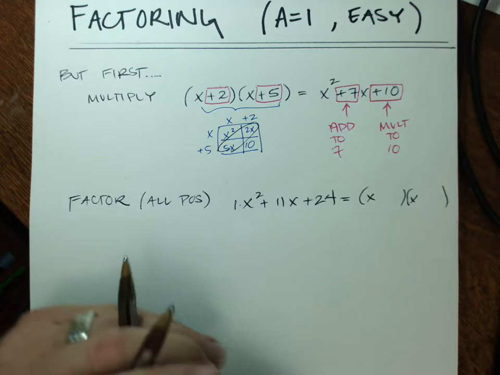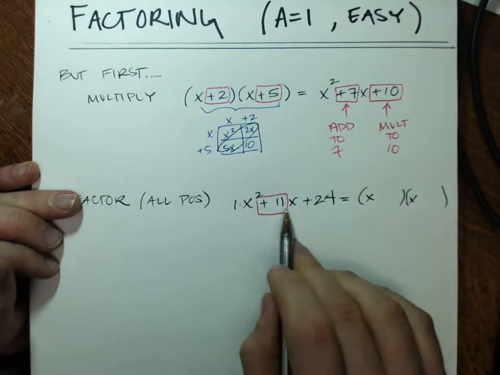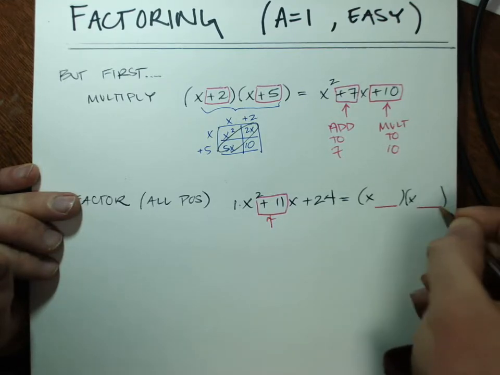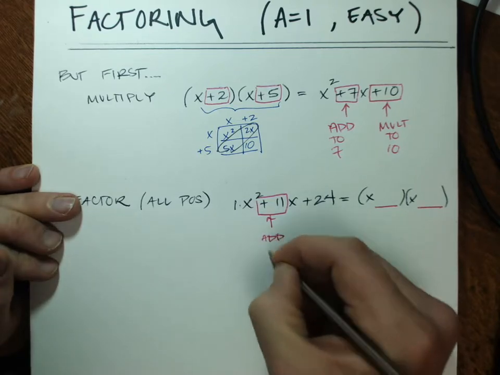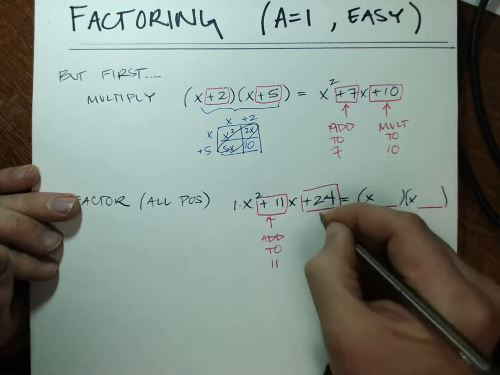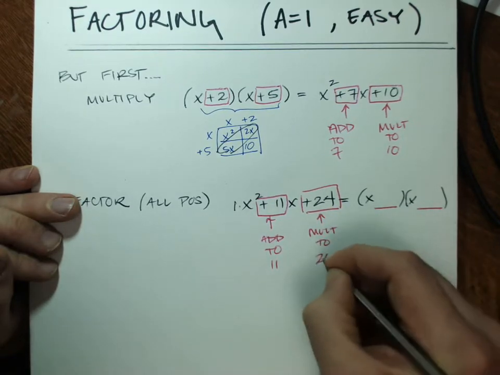So we're going to use the same concept here from above. I'm going to circle or square the plus 11. The two numbers that are here that are missing, they have to add to positive 11, but multiply to positive 24.